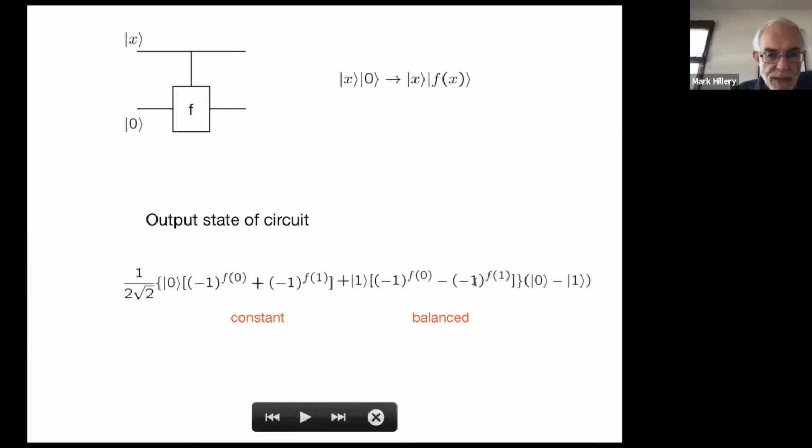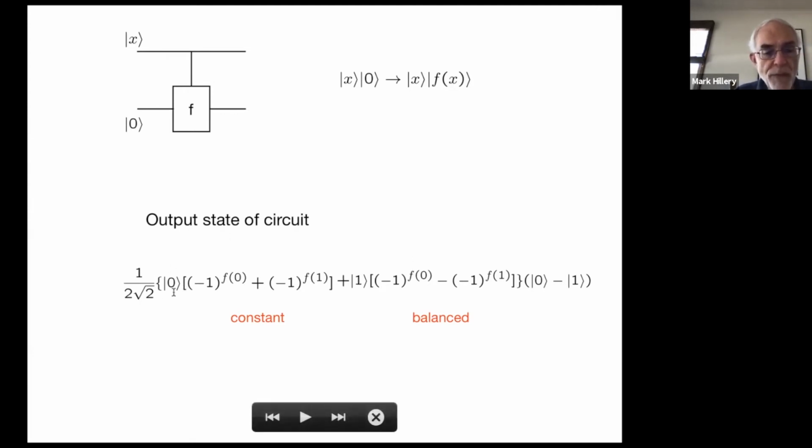And so if I look at what comes out here, you'll notice that the first coefficient, the one multiplying the 0 state, if f of 0 is equal to f of 1, that is going to be either plus 2 or minus 2. On the other hand, the second coefficient is going to be equal to 0 if f of 0 equals f of 1. So that means that the function is constant.